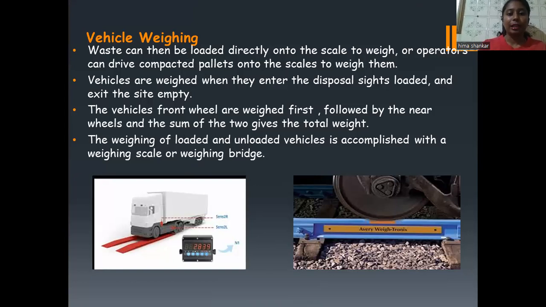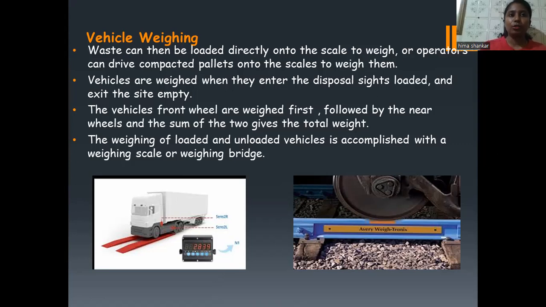The vehicle is driven onto the scales. First the front wheel is weighed, and next the rear wheel is weighed, and then the average of both is taken, and then we get the weight of the waste in the vehicle.